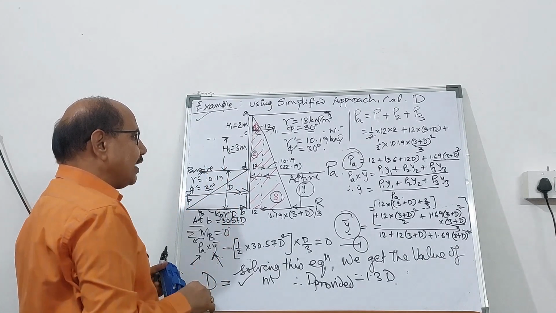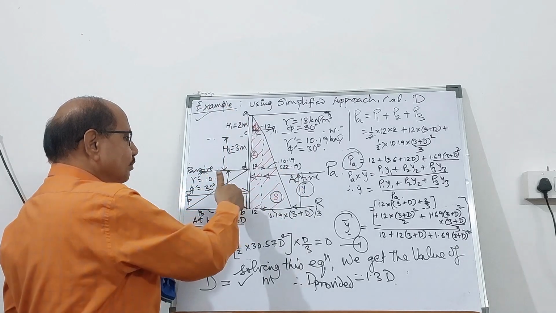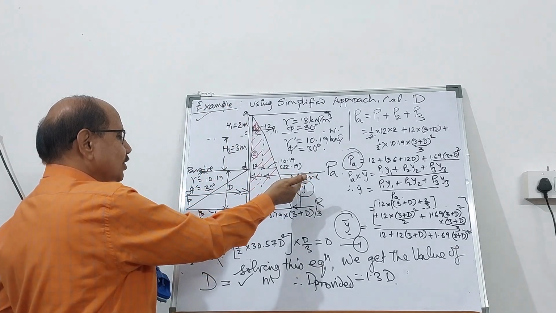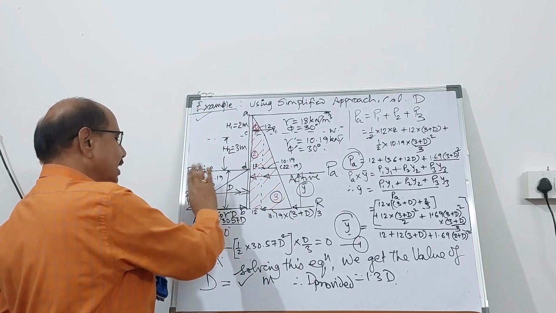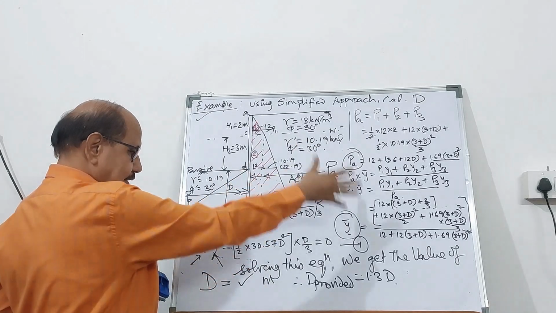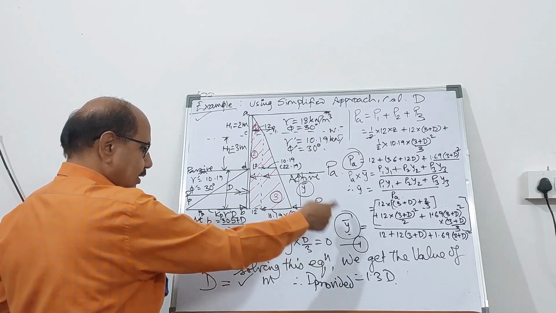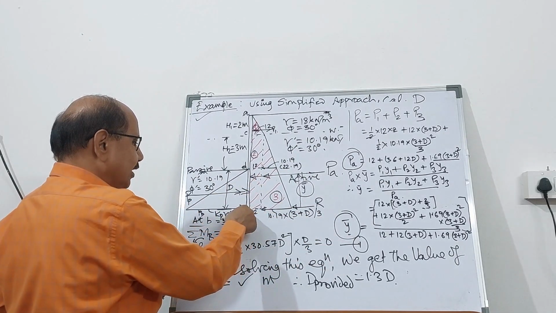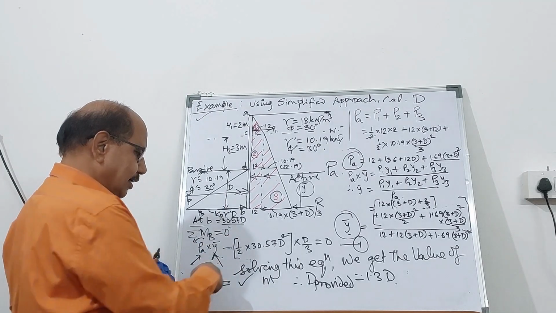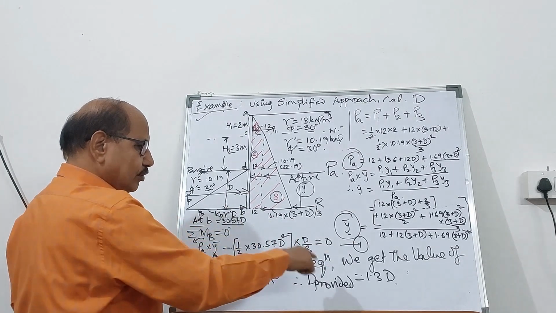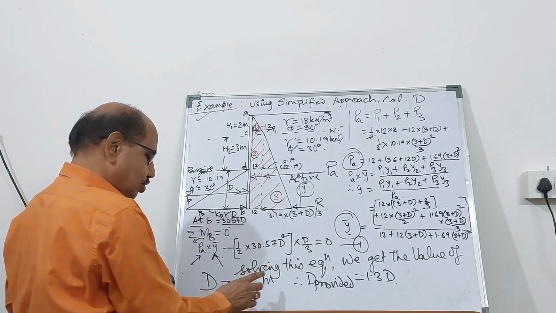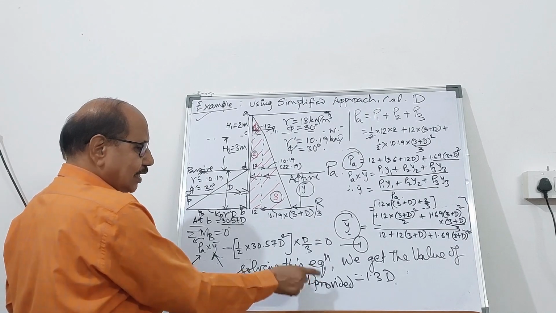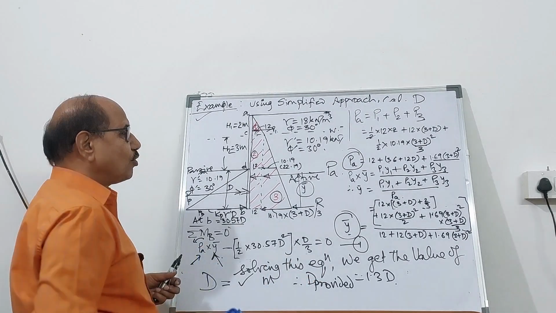Whereas in the simplified approach, you take the active pressure on the right hand side of the sheet pile, and on the left hand side you take the passive pressure, and then by taking the moment about this bottom point, you can get an equation in terms of D, and solving that, you get the value of D and provide the D provided.